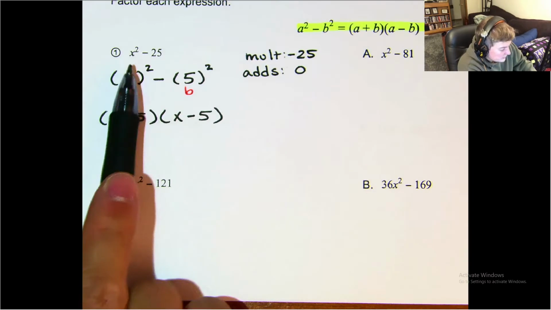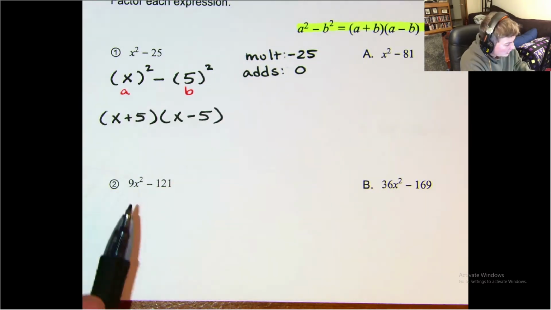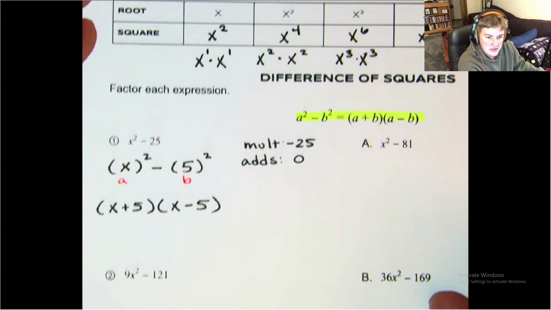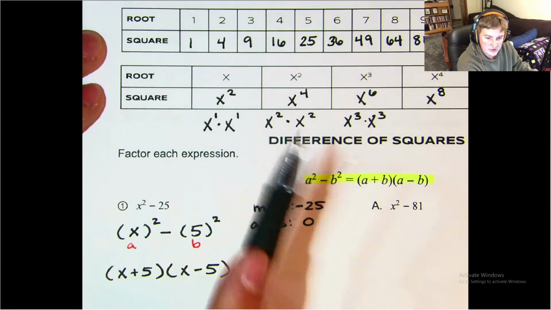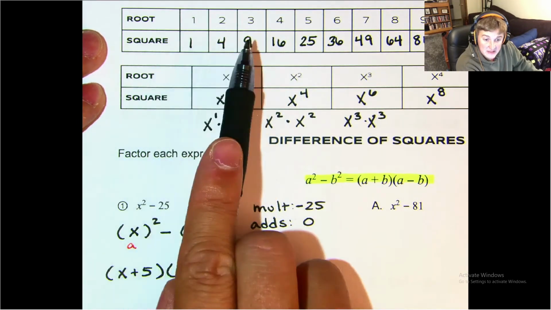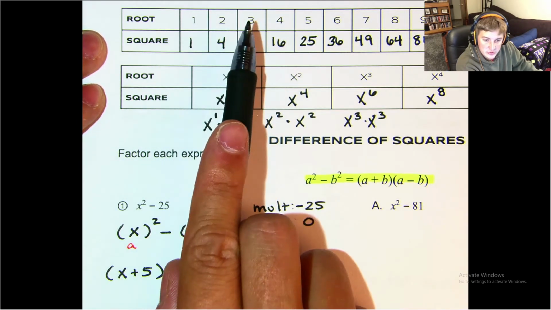Because this previous one was kind of easy. It was just x squared. So I think we all know x is going to be a perfect square. But what about 9? So we know x is a perfect square, and its root is x. Now we have to check if 9 is a perfect square, and it is. It is a perfect square, and its root is 3.